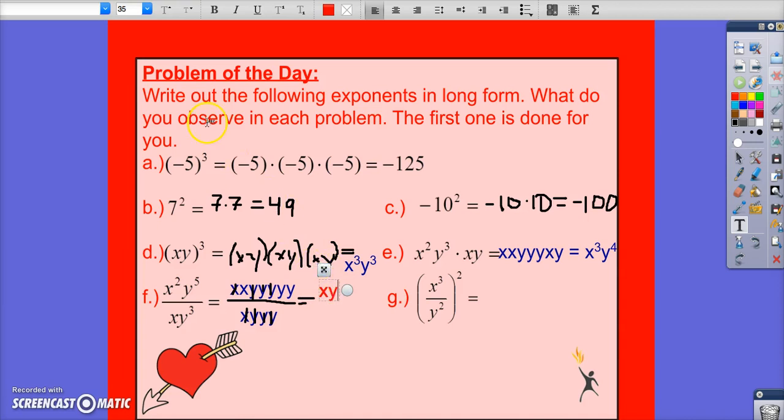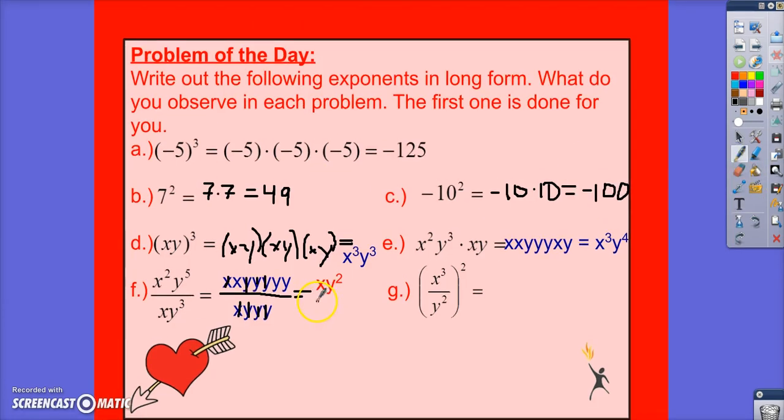Y squared. And that's actually everything left in the denominator. So what you'll notice is I wrote them all out to see what cancels out, but what you could also do is subtract your exponents.